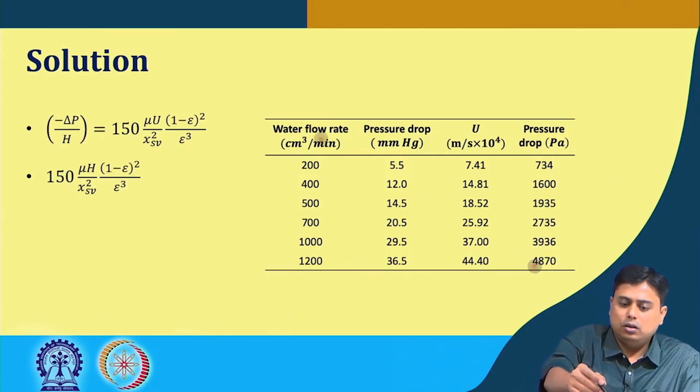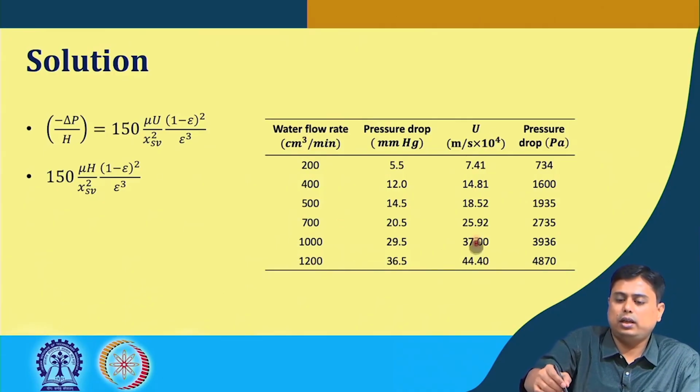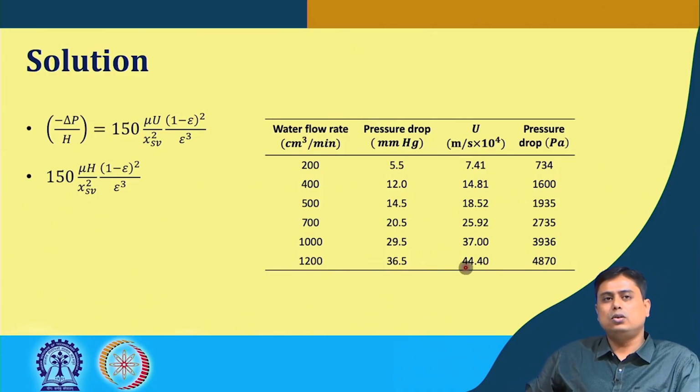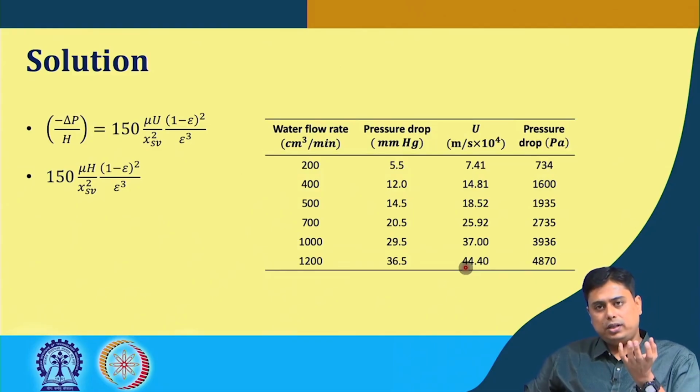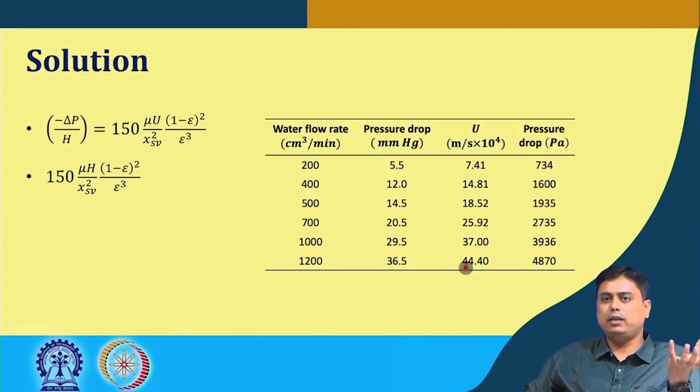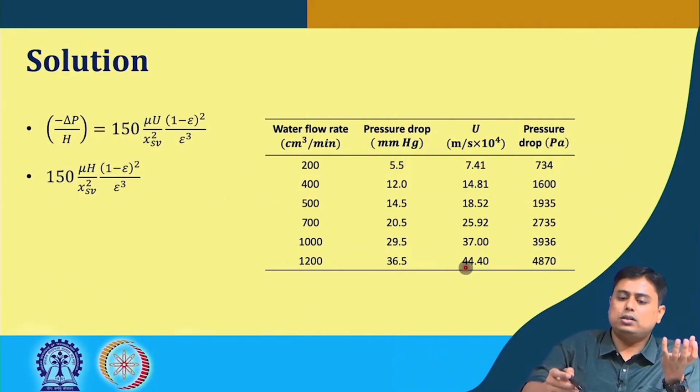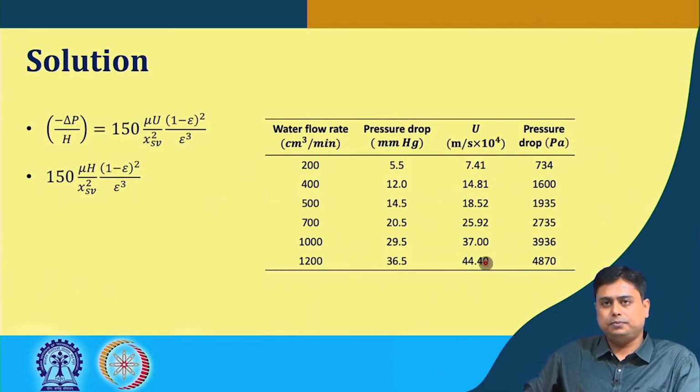So, from water flow rate in cc per minute, we at first calculate what is the superficial velocity. How do we do that? We have the flow rate Q, we have the cross sectional area, that is the information given in the problem. So, from that, for each and every flow rate we calculate the superficial velocity.